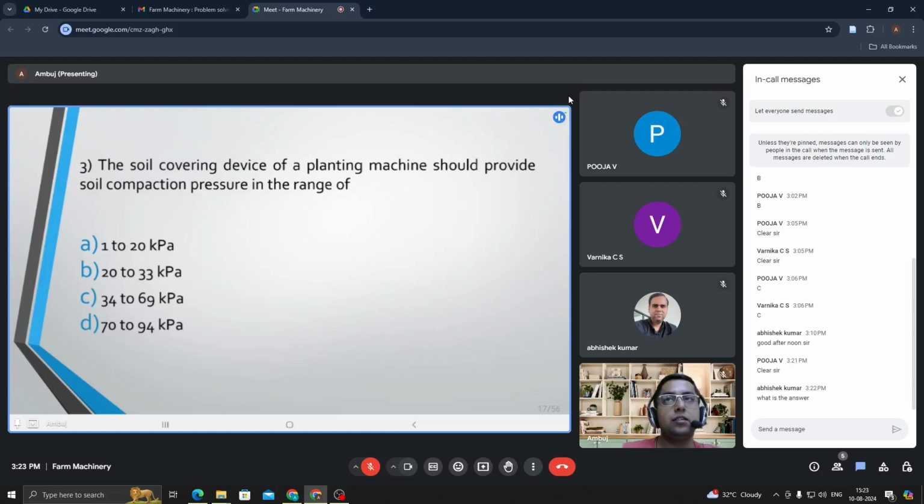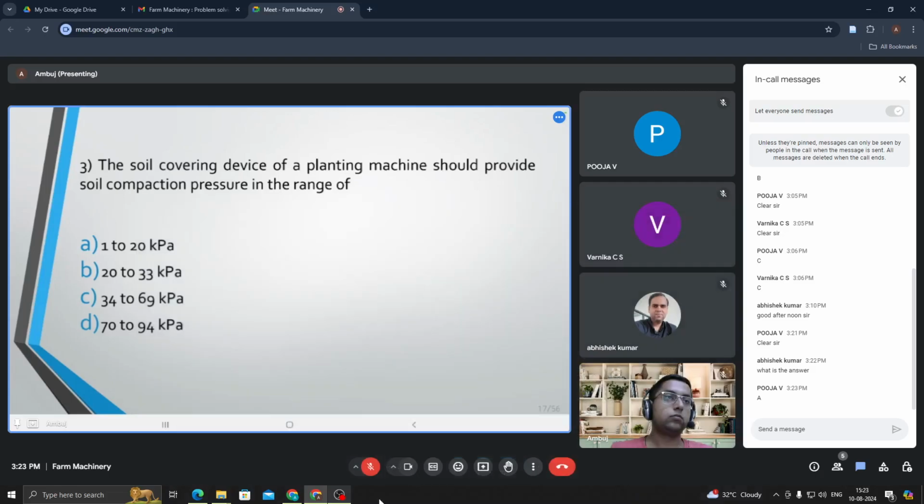Yes, try to give the answer. Soil covering device of a planting machine should provide soil compaction pressure in the range of what? Good. 1 to 20 kPa. Good.